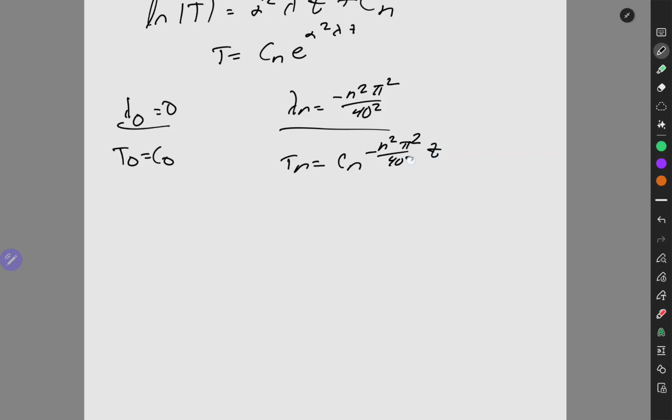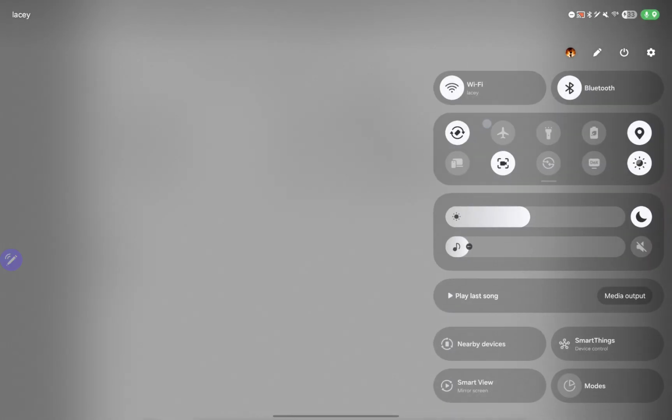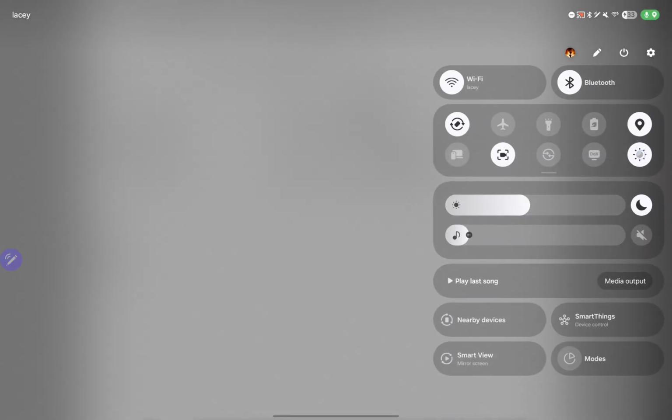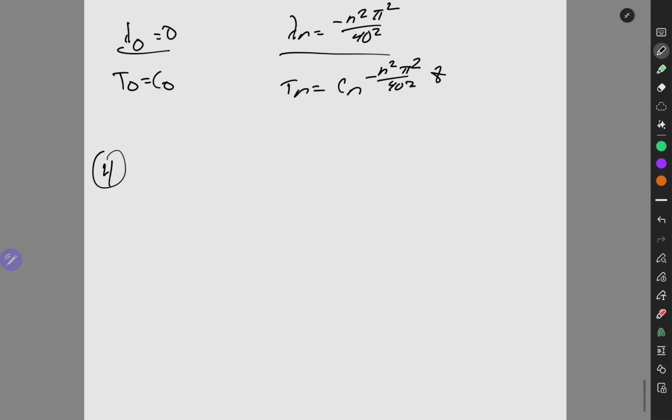Times t. And then step 4 is, sorry, hold on, my night mode turned on. Okay. Step 4 is the fundamental set of solutions and the general solution.